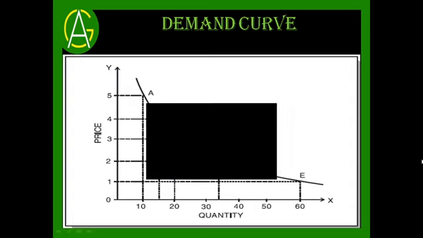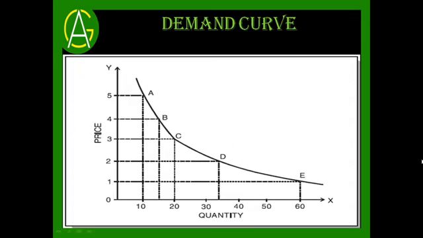Now this inverse relation can be presented through this diagram, which is known as demand curve. We can see that at the price of 5 rupees, the demand is 10 units. At the price of 4 rupees, the demand is 15 units. As the price is reduced, the quantity demanded increases. On the x-axis, we show the quantity demanded, and on the y-axis, we show the price.